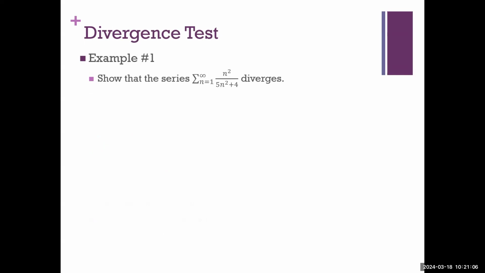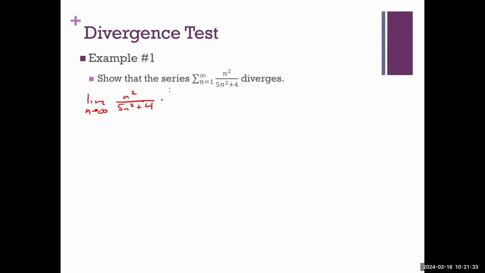So what sequence is that? n squared divided by 5 times n squared plus 4. All right, so you're taking the series out of it. You just want to look at the terms. Basically, I want to look at the nth term of this sequence. You already had an idea of what this converges to, which is 1/5. How'd you get that? Divide the numerator and denominator by n squared.